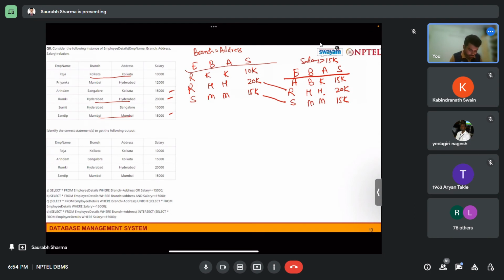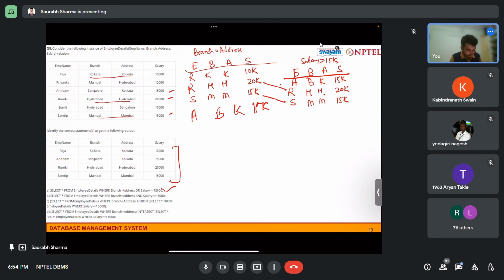But since we are performing OR, anything not there in this case will also be appended. So Arindam, BK, 15K will also be there. If we see, we have got all four. So A is correct.